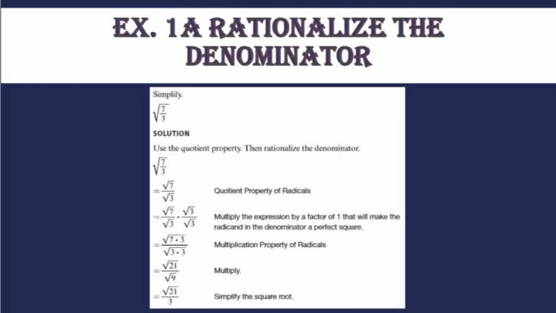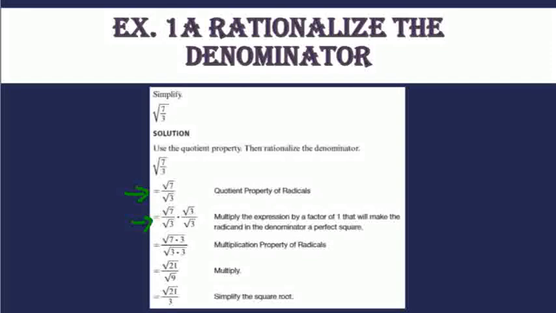So let's look at an example here. Here we have the square root of 7/3. Anytime your radicand is a fraction, you need to rewrite the problem with a radical in the numerator and a radical in the denominator. So that's what they did here with the square root of 7 divided by the square root of 3. And then to get rid of the radical in the denominator, they multiplied the square root of 3 times the square root of 3.